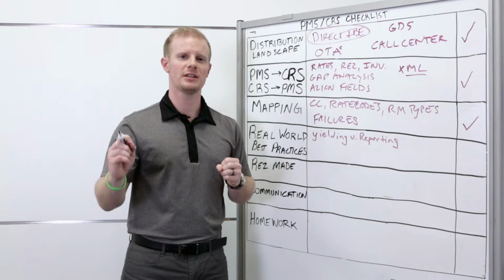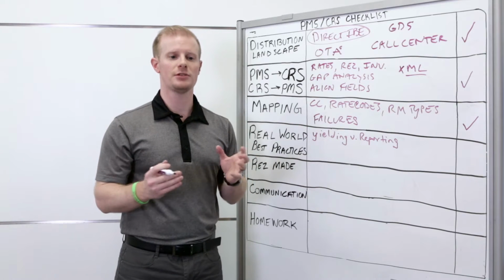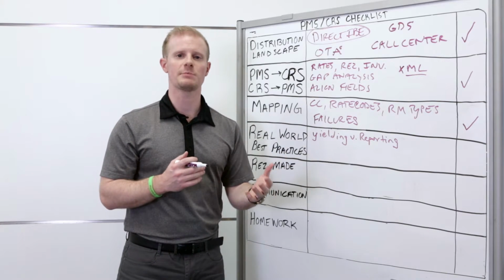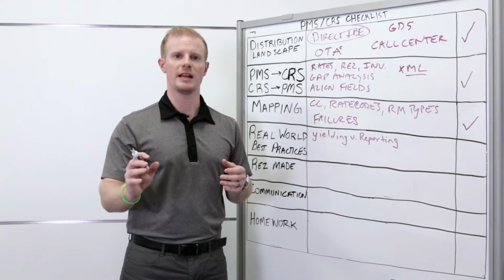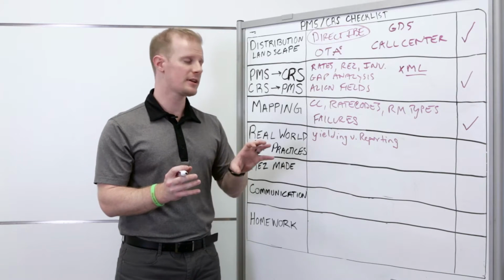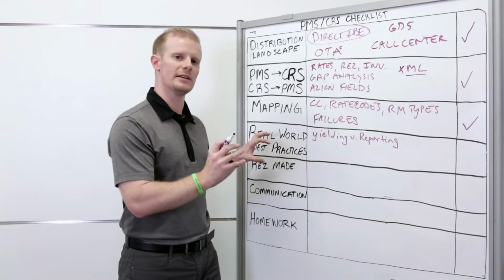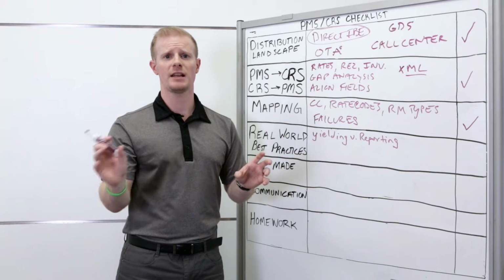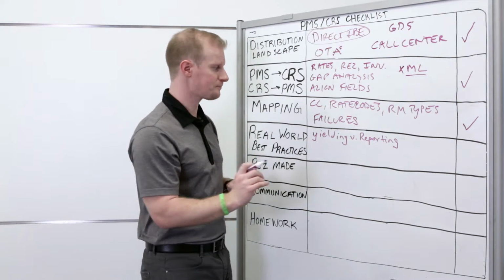But then when you're managing your rate values, you may want to manage them on a length of stay or standalone or advanced purchase level, also known as rate code groups. So the better you can get at separating your yielding from the way you want to report, you can manage your market segments and your rate code groups differently.